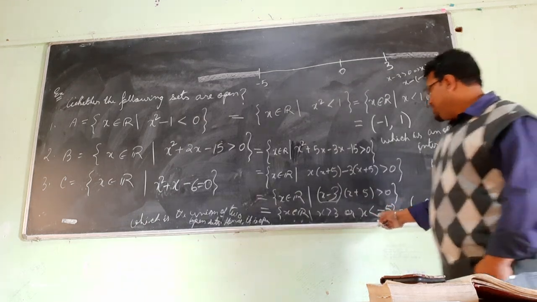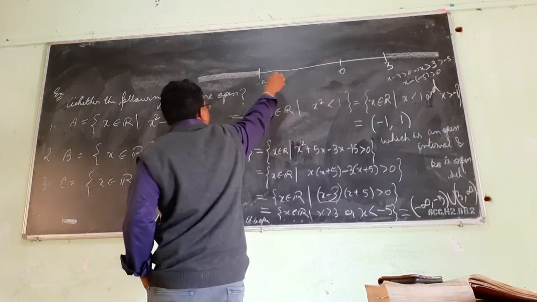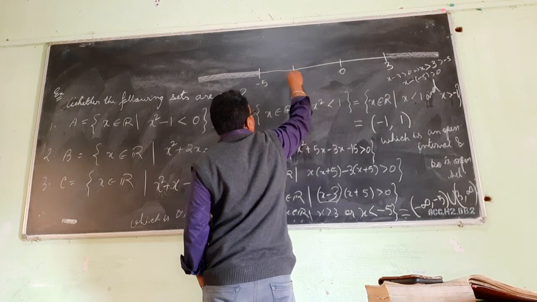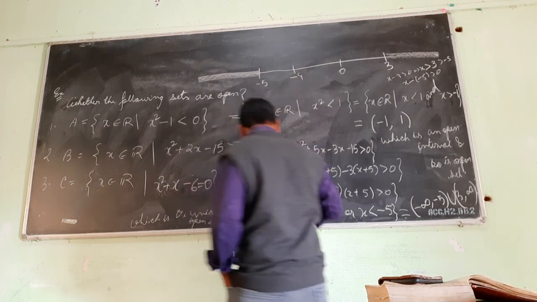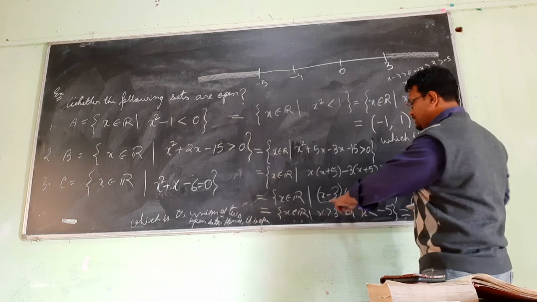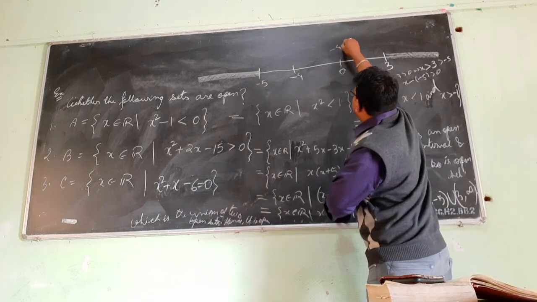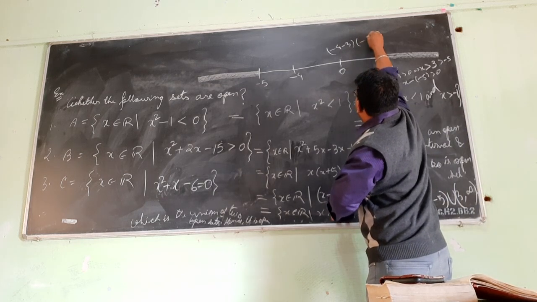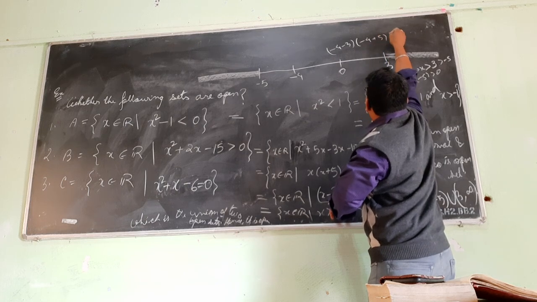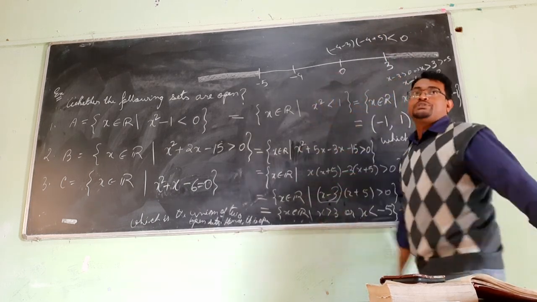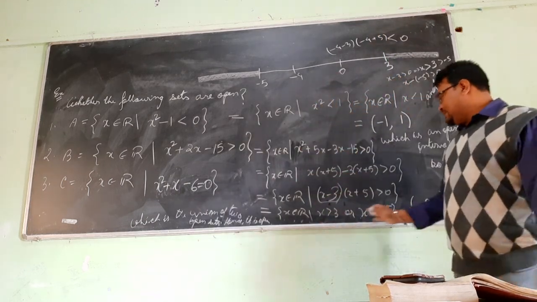If it is x greater than minus 5, say for some point like minus 4, this will not be satisfied. Minus 4 minus 3 multiplied with minus 4 plus 5 will give you negative. So it has to be x less than minus 5.